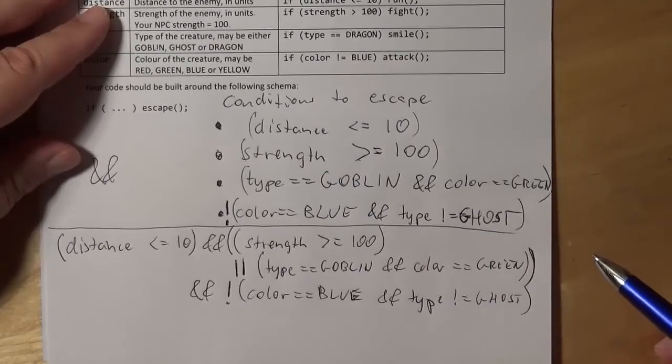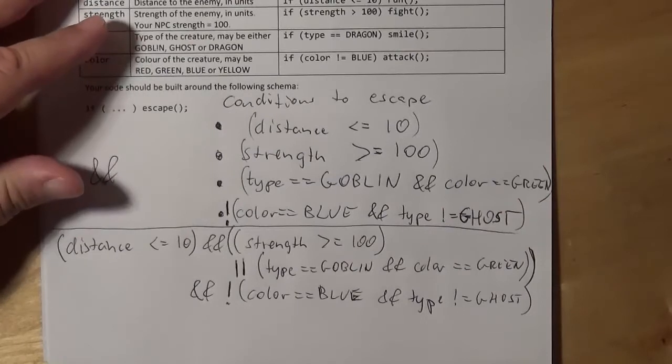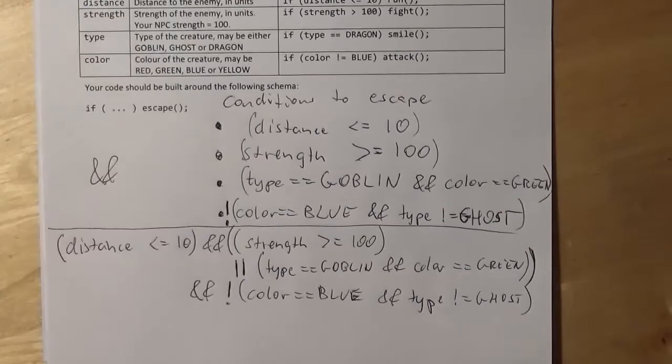Okay, and this is the condition. Looks quite complex. It's quite a long condition, but this happens in gaming, particularly in scripting. This is actually quite a simple situation. Quite often you will have much more complex system of conditions to take into consideration.